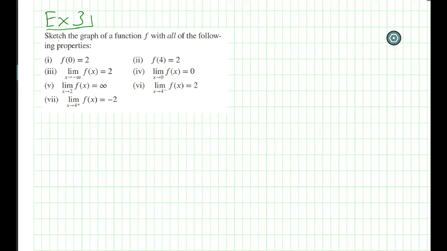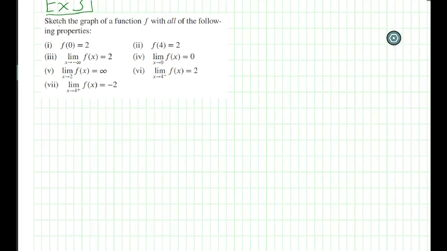Okay, so here's another good example of what I think is a good problem that really tests whether you understand limits or not. So we want a single function where all of these things are true.